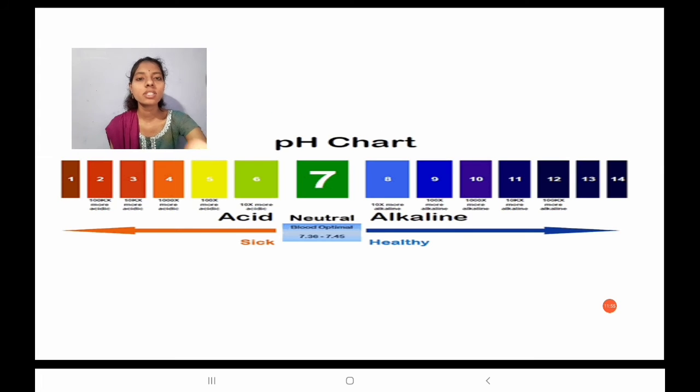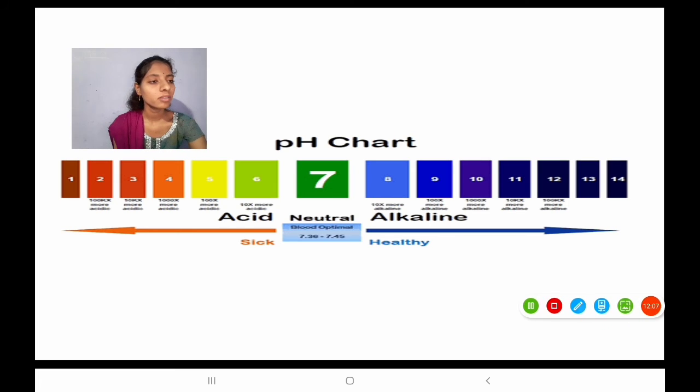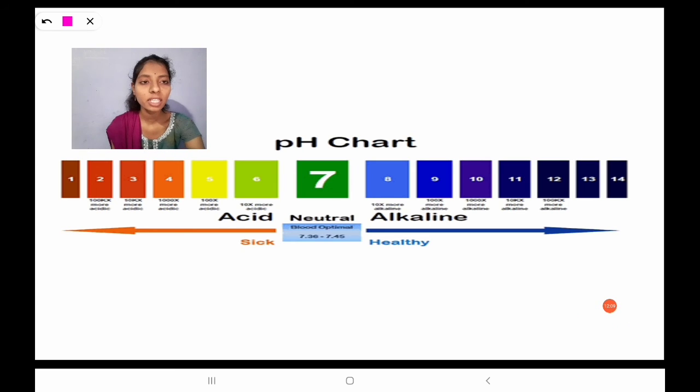So here you can see the pH chart, showing how the concentration of acids and bases is represented. You can see here that 7 indicates neutral. Pure water is neutral, so 7 represents neutral. Below 7 indicates acid, and above 7 indicates bases.